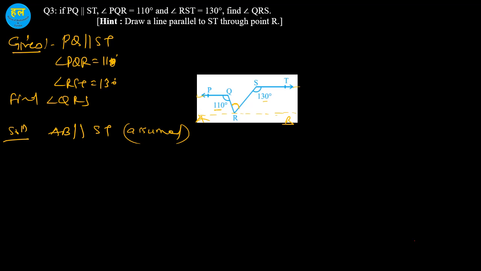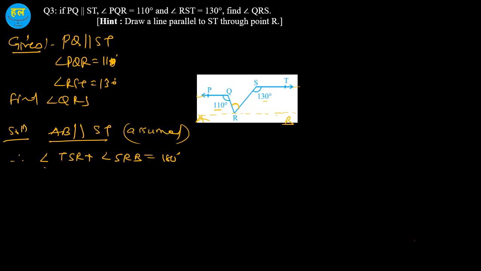Now, since AB is parallel to ST, therefore angle TSR plus angle SRB is equal to 180 degree. Interior angles on the same side of a transversal passing through two parallel lines sum to 180 degree.